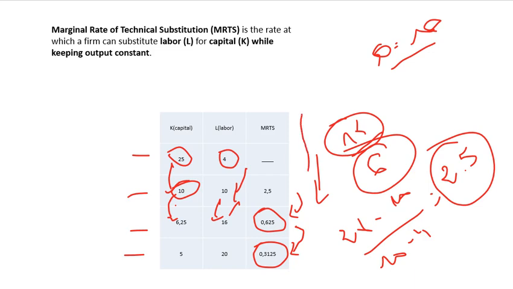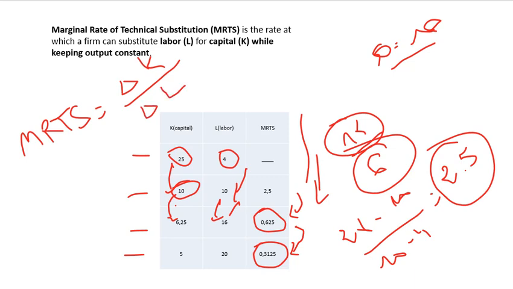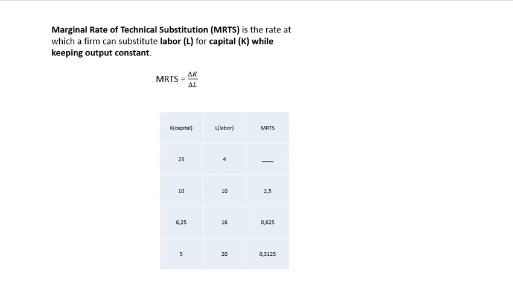So this is MRTS, and we can write the formula of MRTS as simply the change in capital over the change in labor. Here the change in capital is 15 over the change in labor, which is 6.